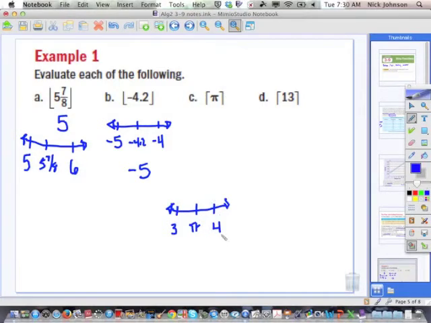The integer above 3.14 is 4. Okay? 13. 13 is already an integer. So since this is already an integer, we got our answer, which is 13. So if you have an integer in here, it's already the answer.